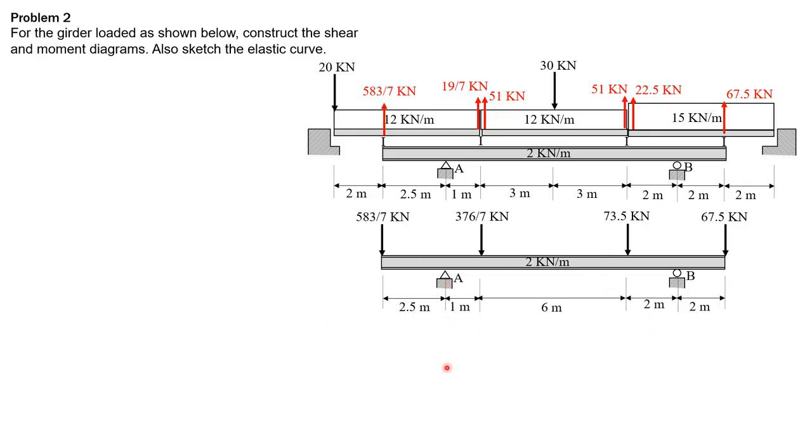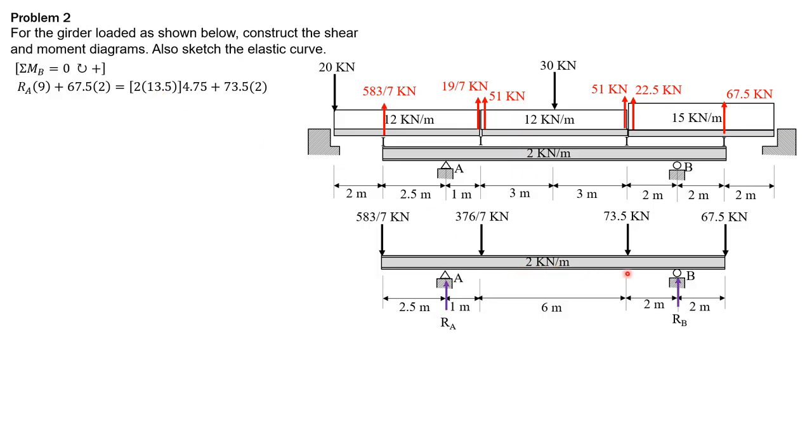We first solve for the reactions at A and at B. Summation moment about B equals 0. Clockwise positive, so we have RA times 9 plus 67.5 times 2, then equals the weight of the beam, 2 times 13.5.